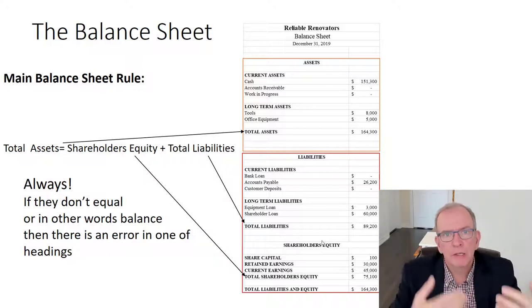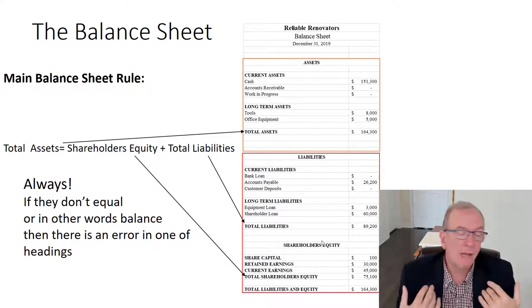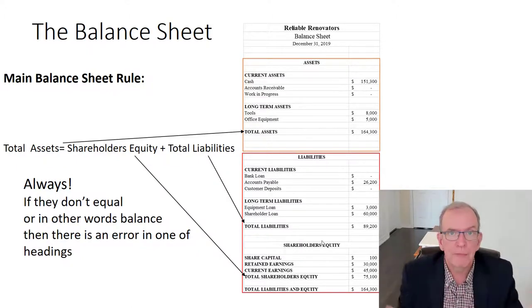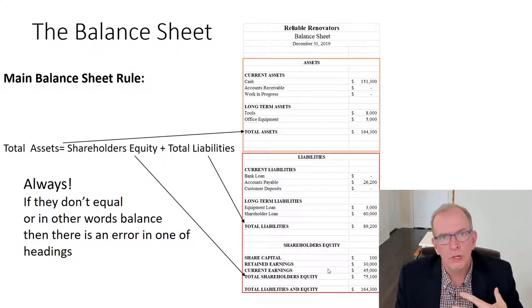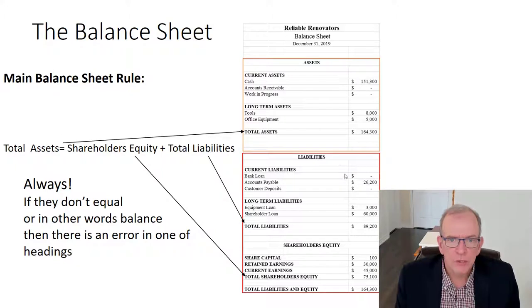So it's a liability to the business. It's not a liability to you if you own it, but it's a liability to the business. So this is our liabilities, our loans, but it's also the money that we put in or the money that we earn that's owing out to us. So at some point, if we want to close down the business, we want to take this money out. That's what that is. And so that's why that has to equal our assets.